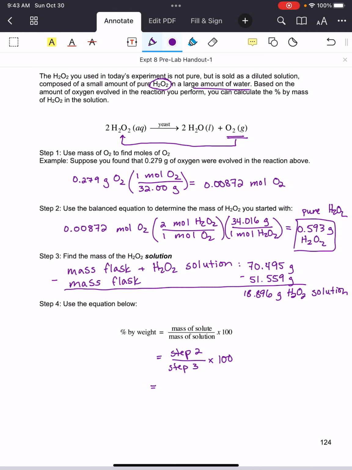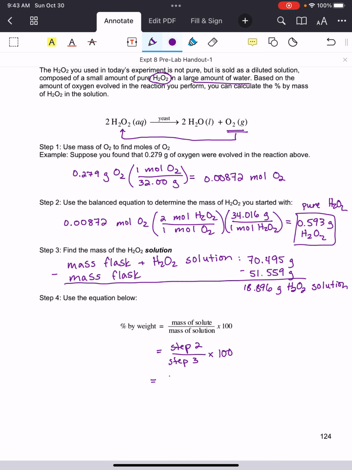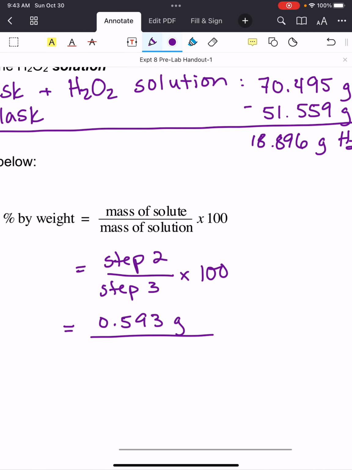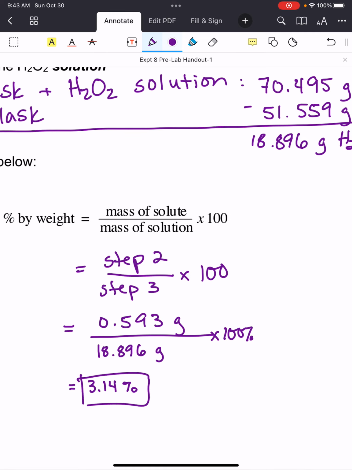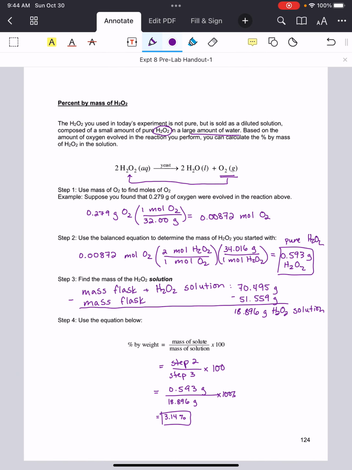So we get 0.593 grams divided by 18.896 grams times 100%. And so for this particular example, I got 3.14%. And your value should be similar to this one. And that's all you need to know for experiment 8.